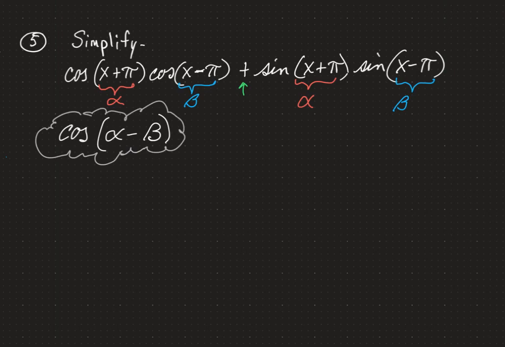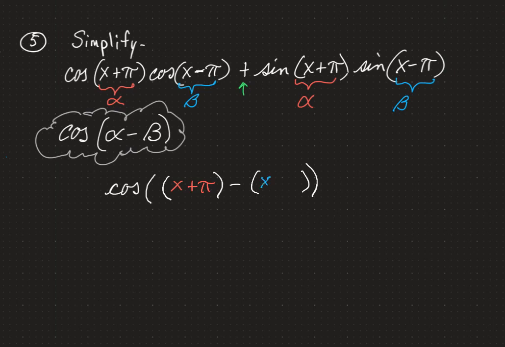but my actual answer is going to be the cosine of, because my alpha is a binomial, I'm going to put an extra set of parentheses in here so that I don't make a sign error. That's where my alpha goes. I'm substituting for alpha. I'm going to also substitute for beta, and I'm going to close the parentheses for the cosine. What is beta equal to? Well, I have it right up there.